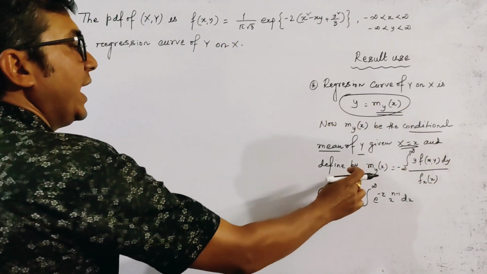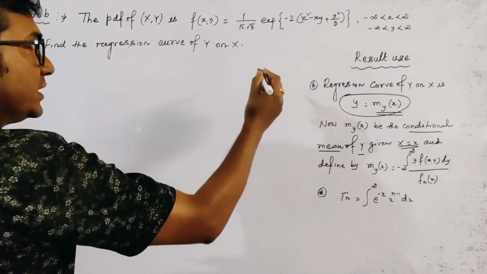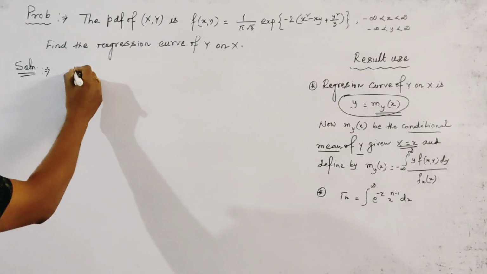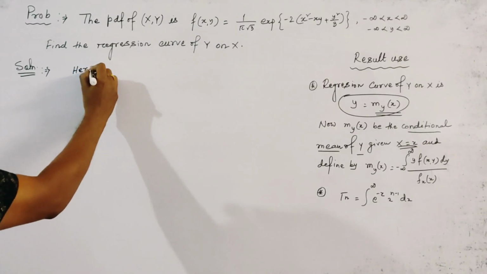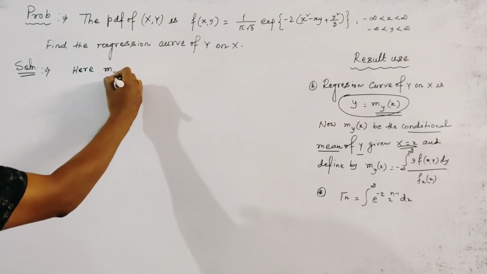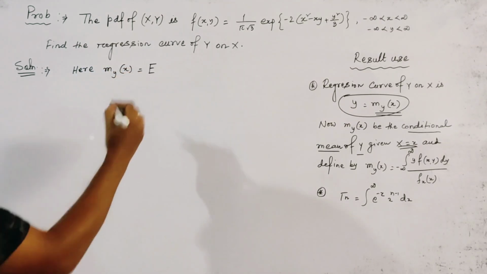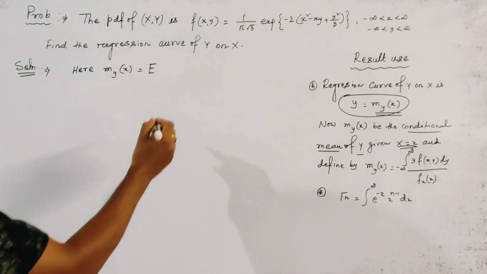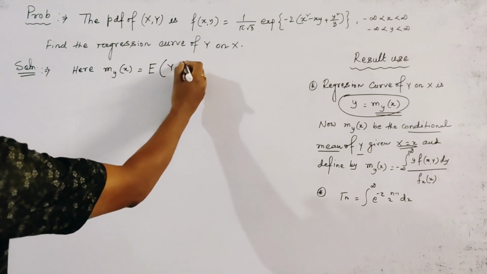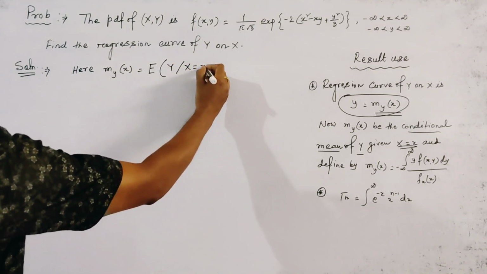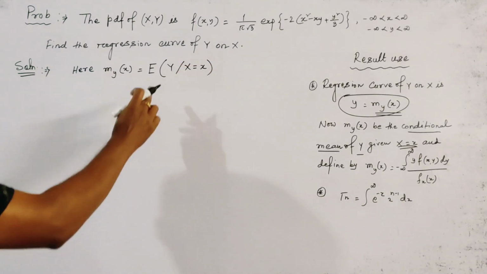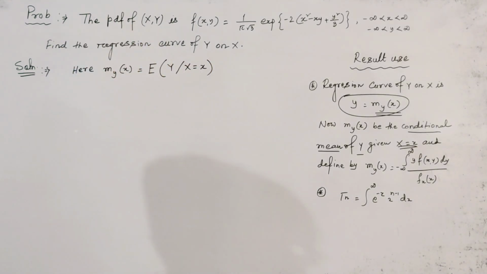It is denoted by expectation of Y given X equal to x. This is the conditional mean of y given X equal to x.